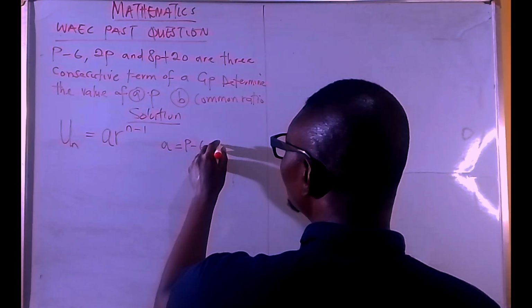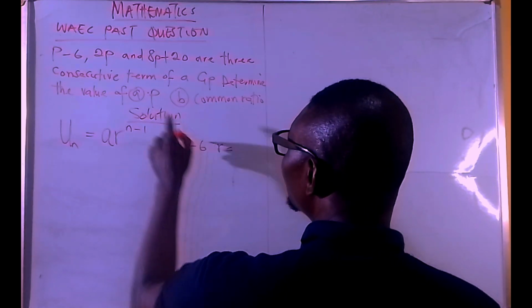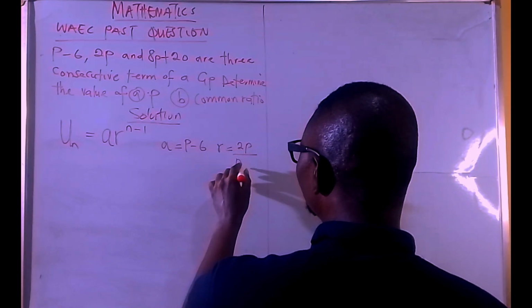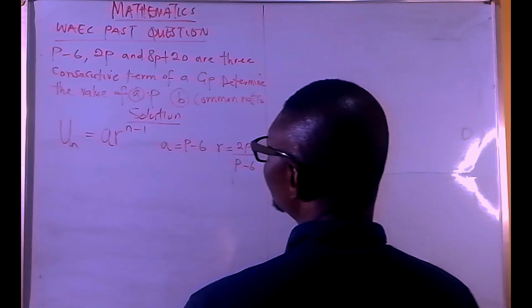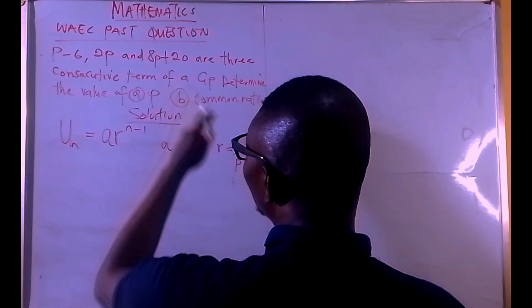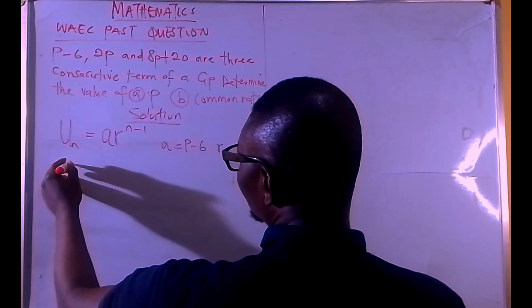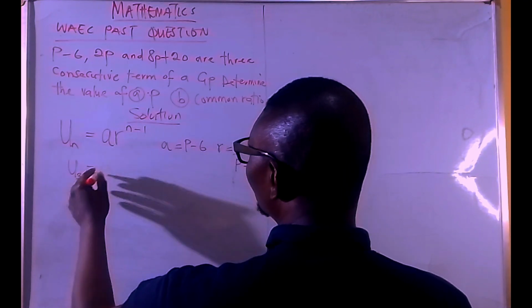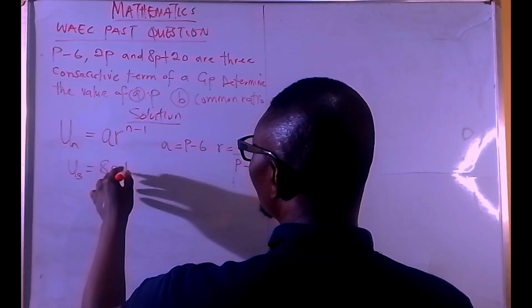The common ratio will be the second term divided by the first term, which is 2P over P minus 6. Then, of course, the last term is equal to 8P plus 20.